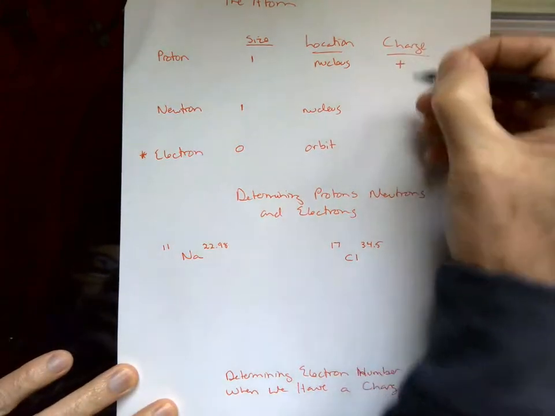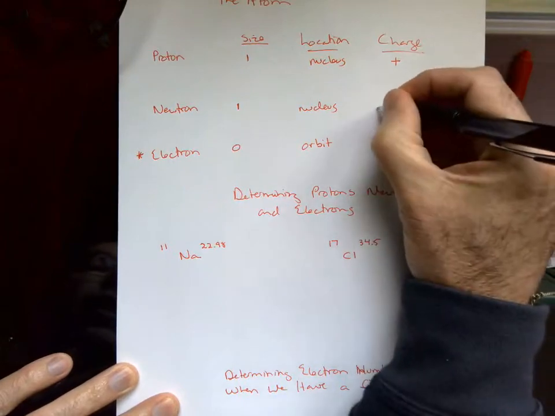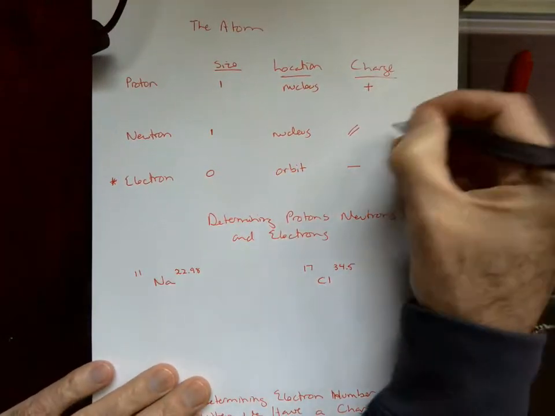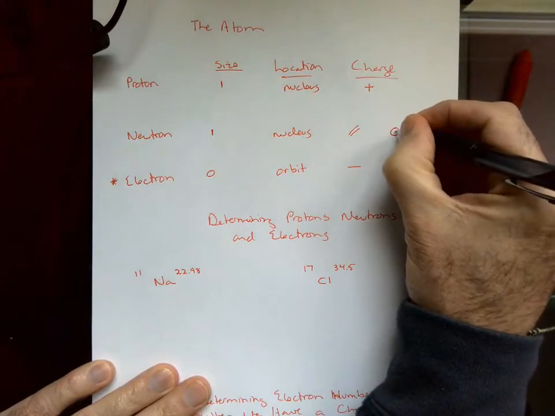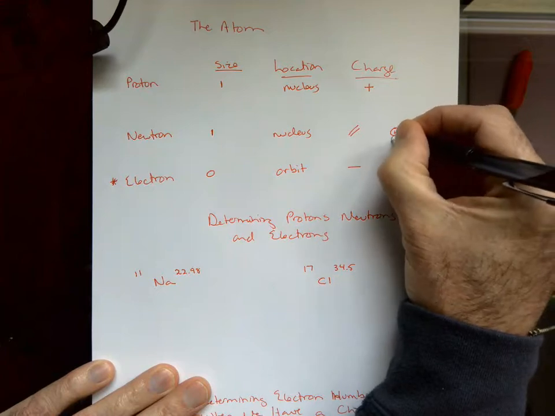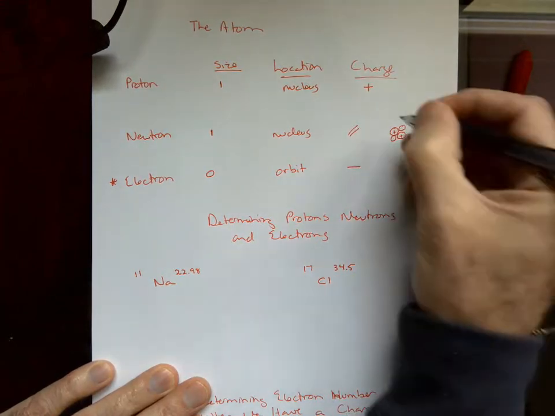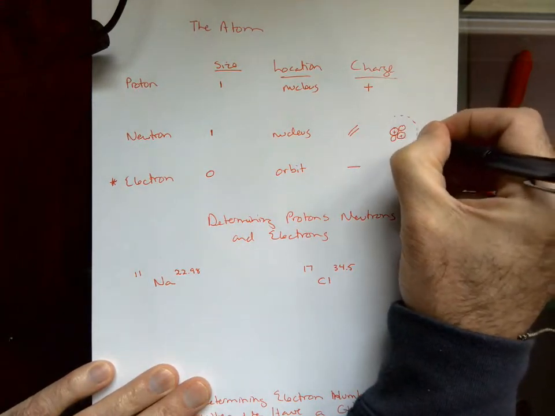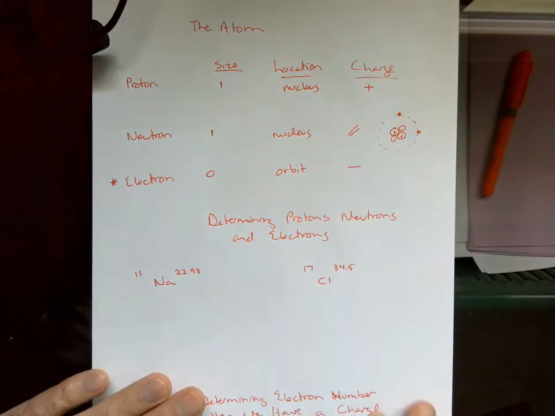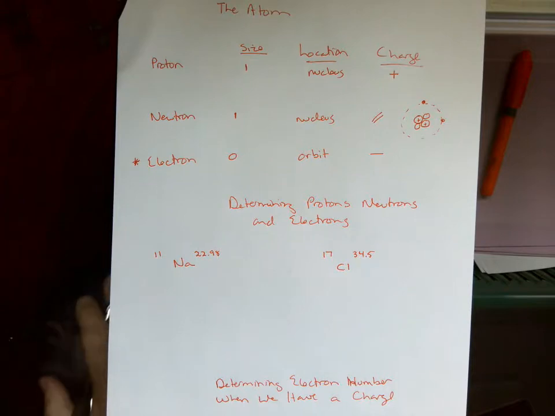Charges. We've got a positive charge and a negative charge and no charge. So if I can just very quickly draw a caricature sketch of what helium looks like, it would have 2 protons and 2 neutrons in the nucleus, and it would have 2 electrons in orbit, and these electrons are moving at the speed of light, which is fast enough to get around the Earth several times in 1 second.